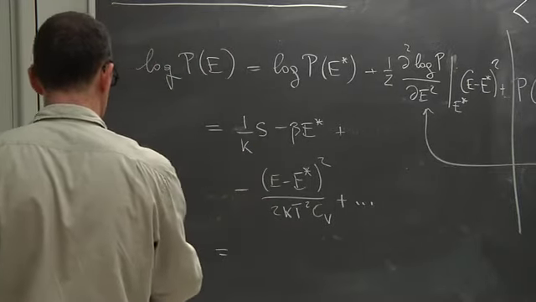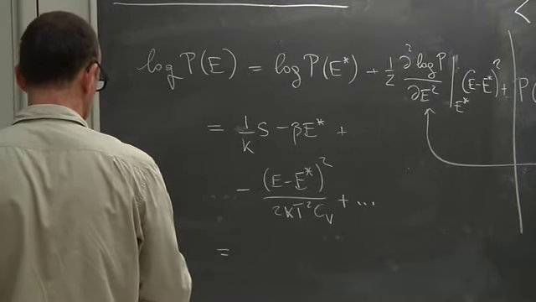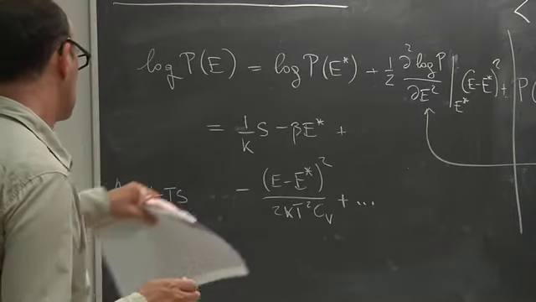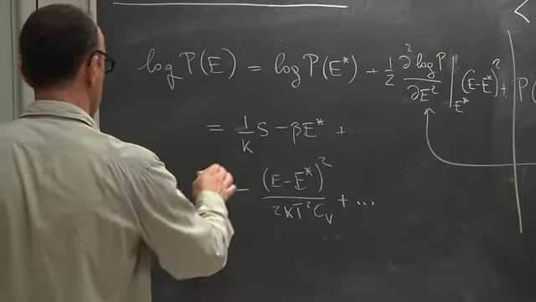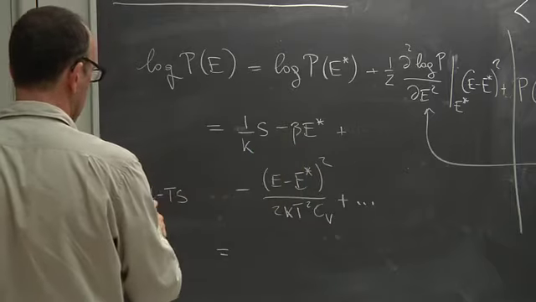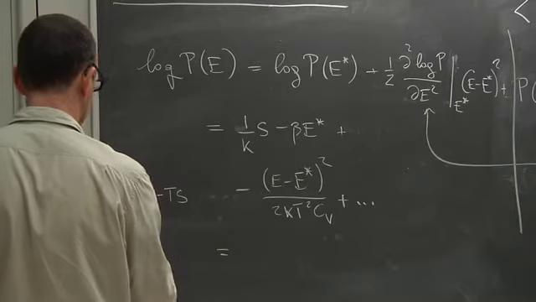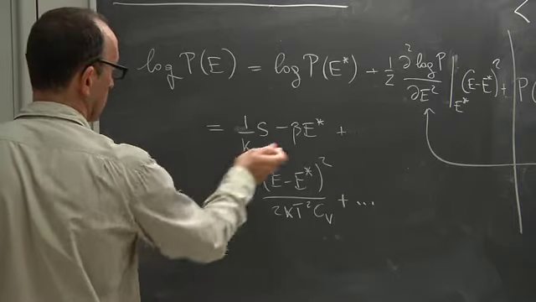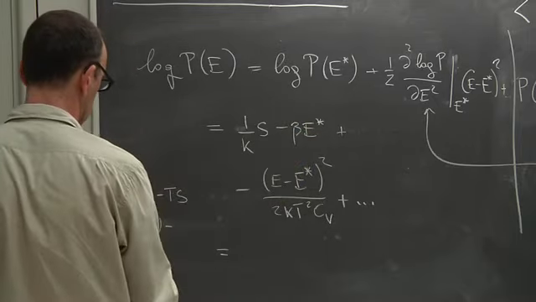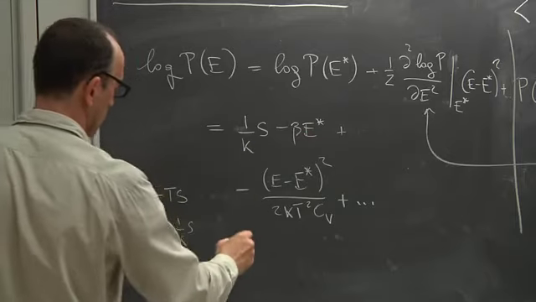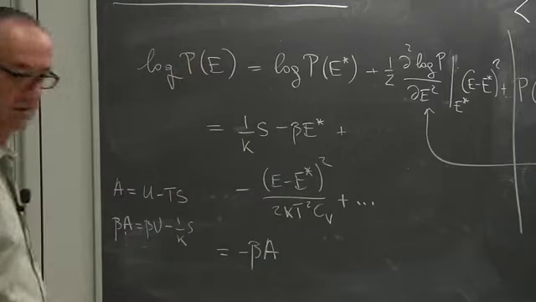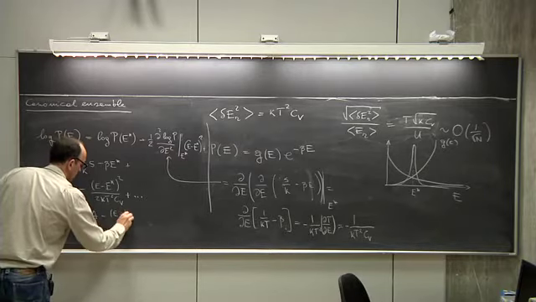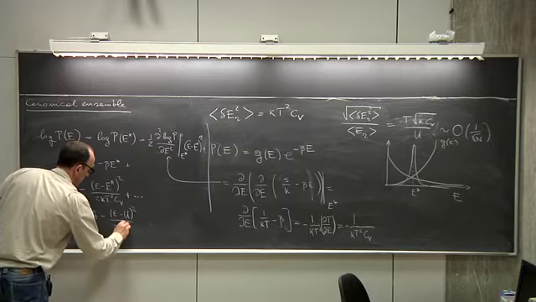You can use the relation that A is equal to U minus T times S, so beta times A is equal to beta U minus 1 over k times S, with E star equal to U. So this is actually minus beta times the Helmholtz free energy, minus (E minus the average energy) squared divided by 2 kT squared Cv.